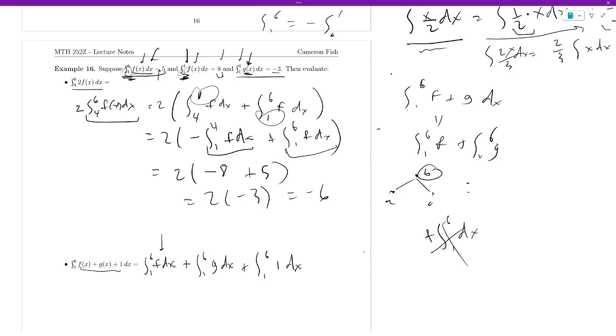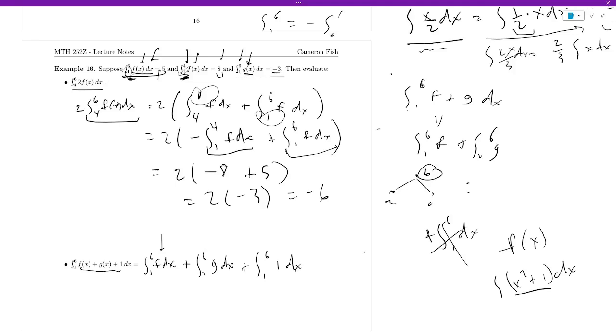No. F is really like x squared plus 1 or something. I just am not committing to what function it is. So it's okay for short to write f dx, but you should probably write f of x just to remember that it's actually a function of x.